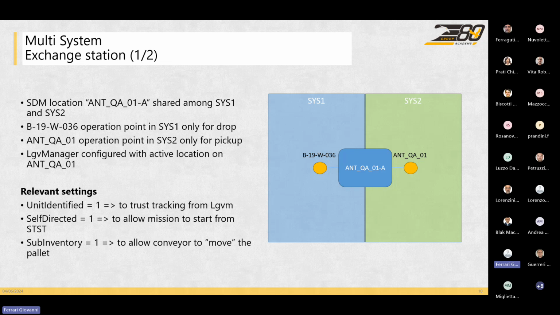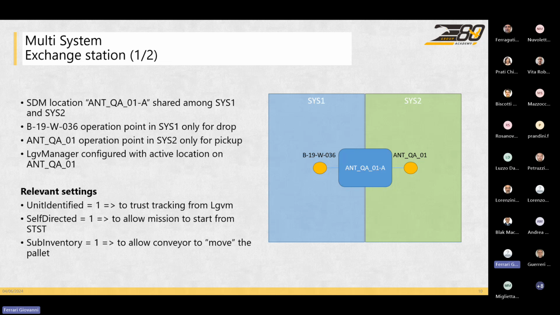Then what we're going to do is configure this operation point for system 1 with the drop enabled, and in system 2 with pick enabled. An important set of parameters that we also have to configure here is the unit identifier, to trust the tracking that comes from the RGB manager in case of active location.